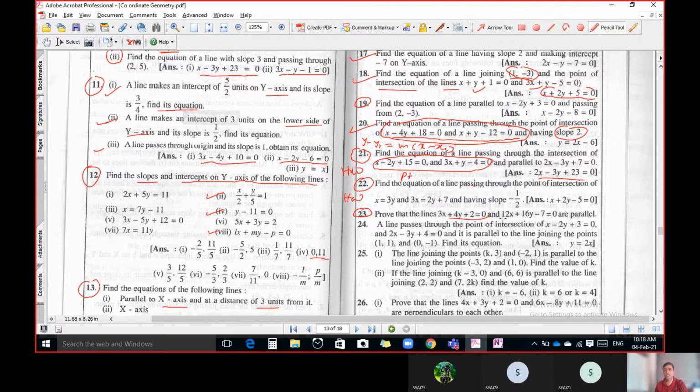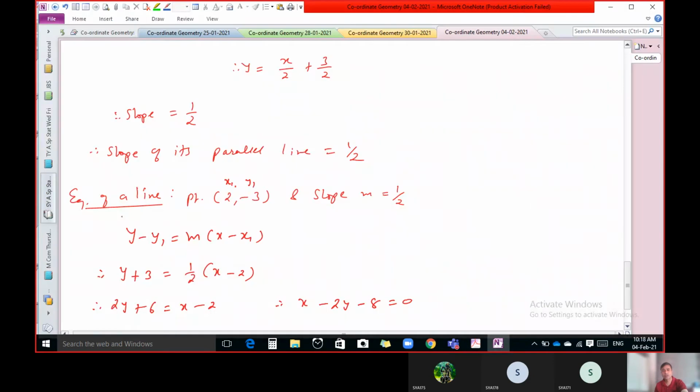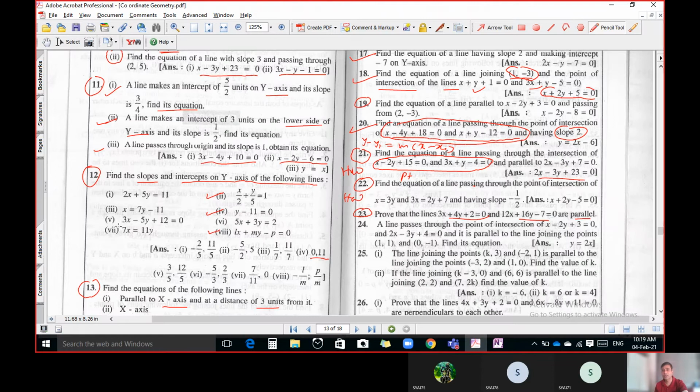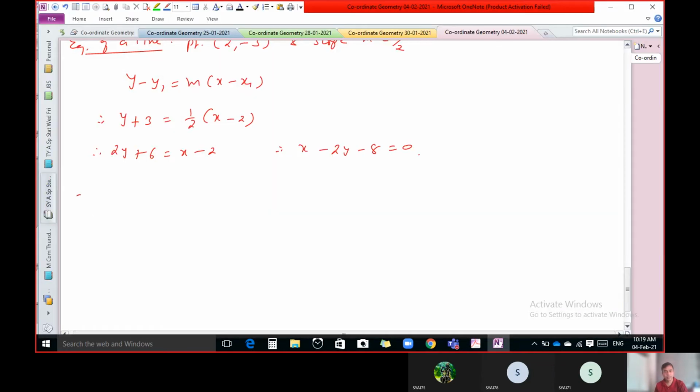Prove that the lines this and this are parallel. So how to prove this? We want to prove these two lines are parallel. Question number 23.